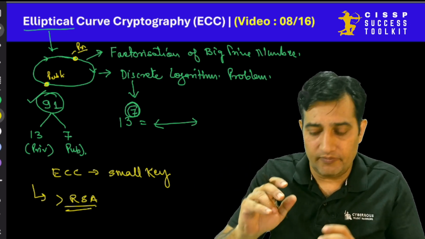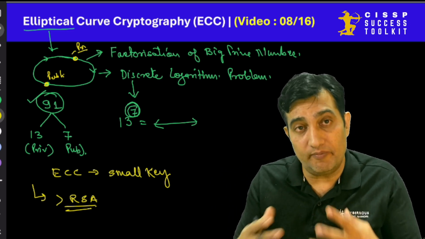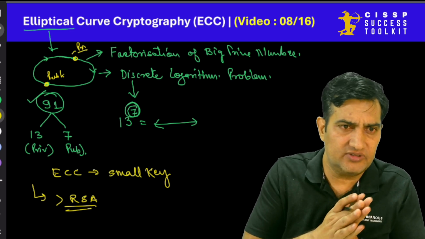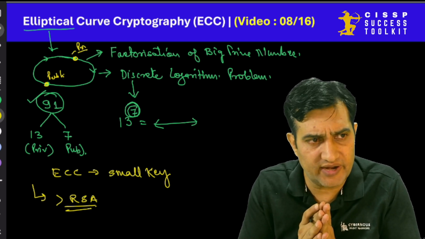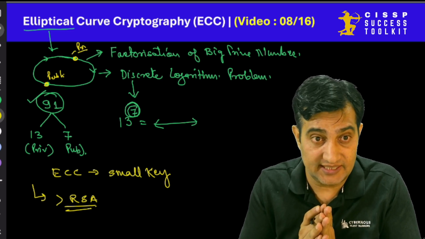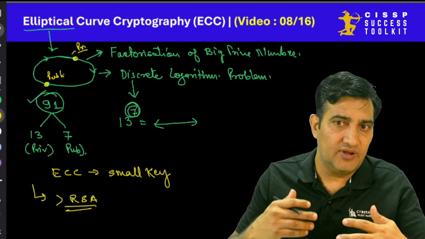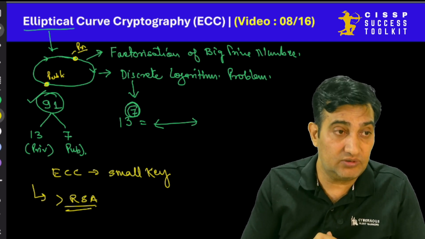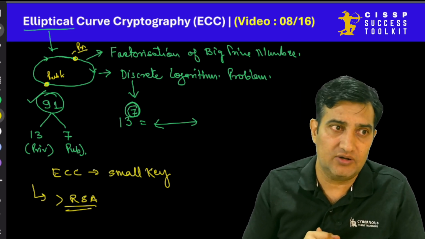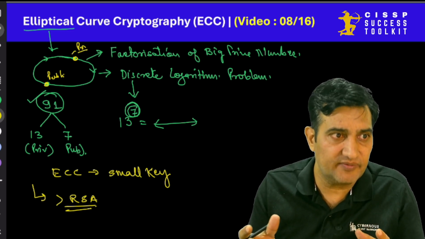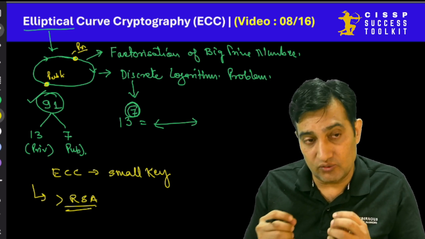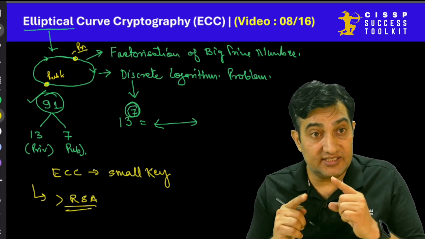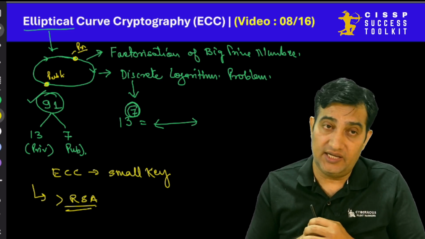Okay, now because it is very complex, it's better than RSA, right? Is it also not susceptible to quantum cryptography? That's not the case. Right now, a new concept of cryptography is coming in, which is called quantum key cryptography. In that we use huge computational power to break the crypto system. So if you are using ECC with some kind of low key length, then it is still susceptible to quantum key cryptography.